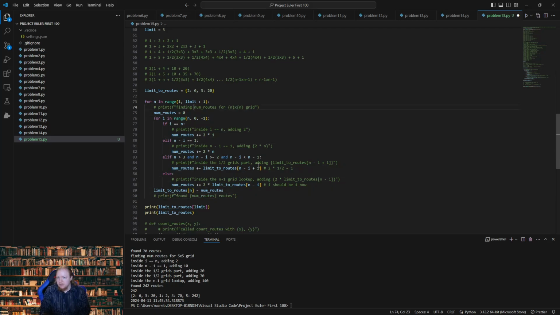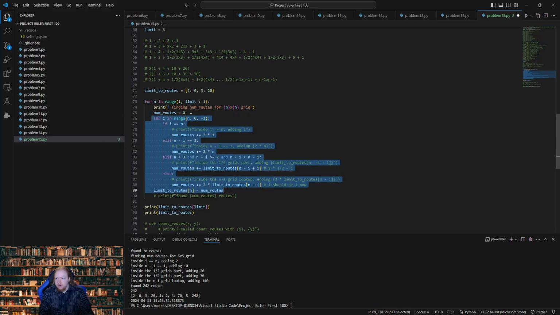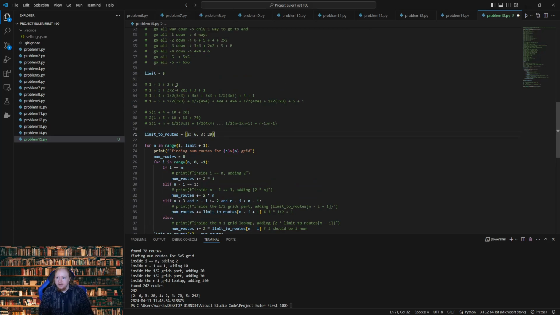Let's leave this top one so that we can see it go through. And again, I think that if we did this, we could just start with an n, but we are building out our limit to roots so that we can look up these numbers and not recalculate things constantly. So let's go ahead and do limit of 20.